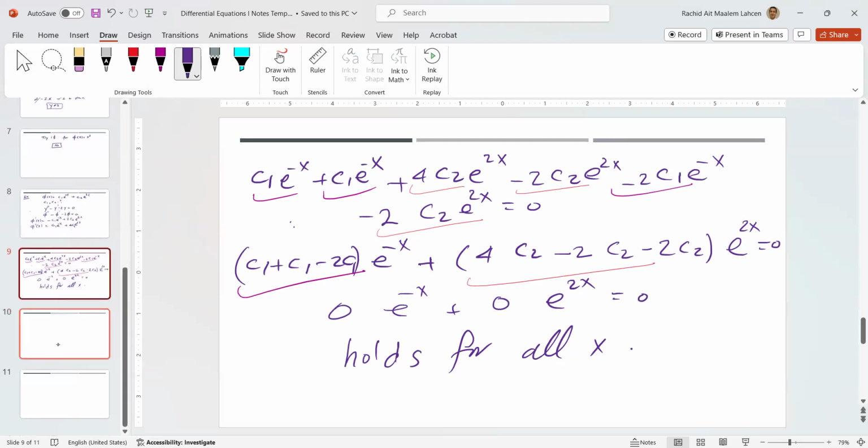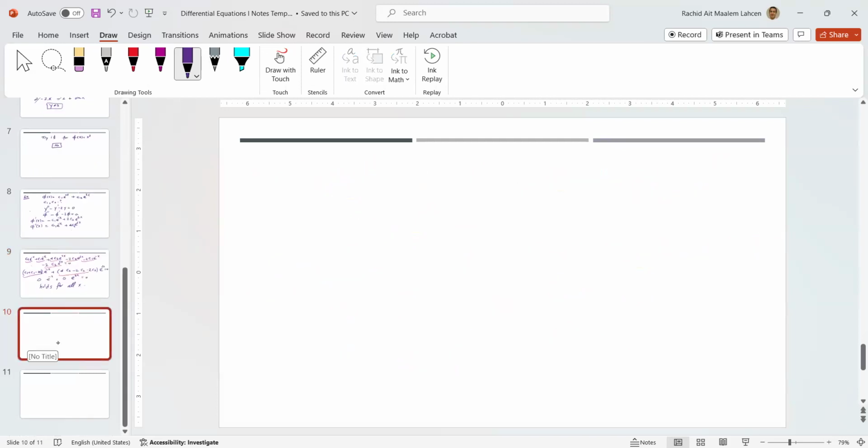Okay, so last example here. Of course, it's nice to have this explicit, but not all the time they are explicit.